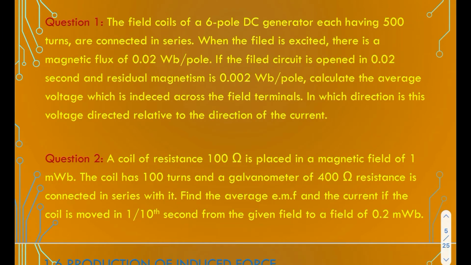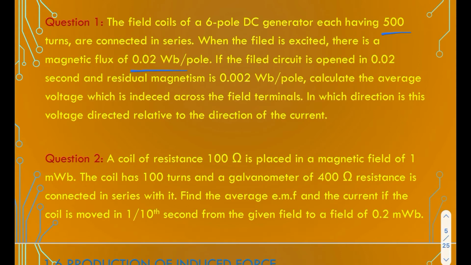Let's solve another question. Question number 1. The field coils of a 6-pole DC generator, each having 500 turns, are connected in series. When the field is excited, there is a magnetic flux of 0.02 Weber per pole.